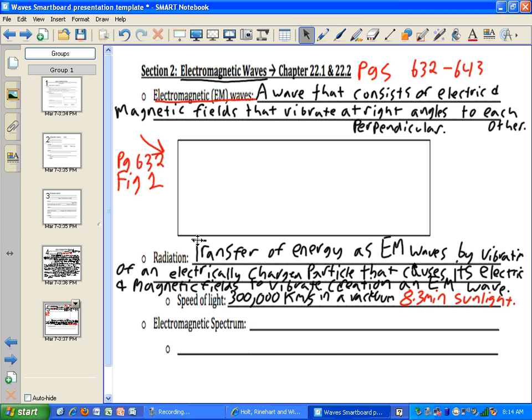All right? Now, with electromagnetic waves, we categorize them based on frequency, energy, and wavelength into an electromagnetic spectrum. All right?